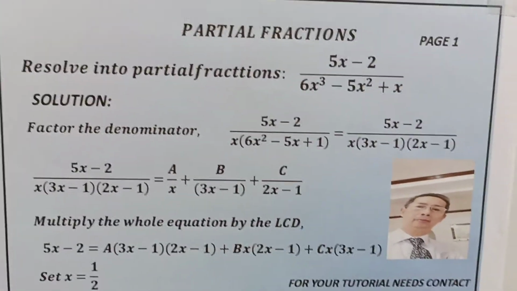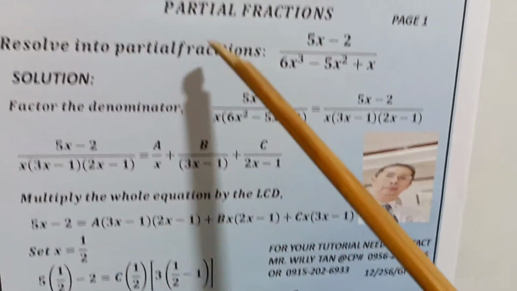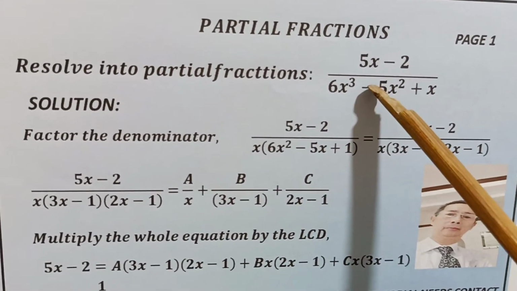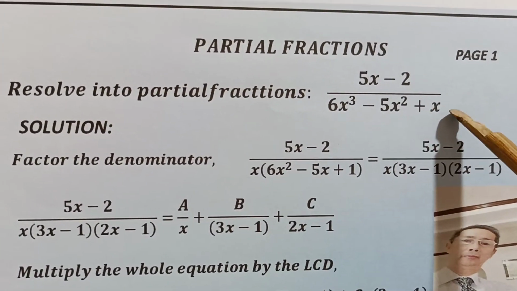The second problem will be, we are asked to resolve into partial fractions the fraction 5x minus 2 over 6x cubed minus 5x squared plus x.